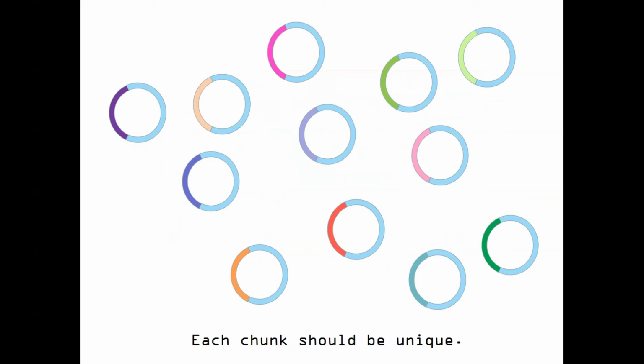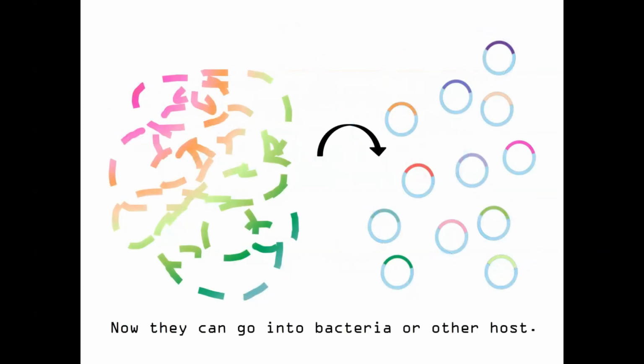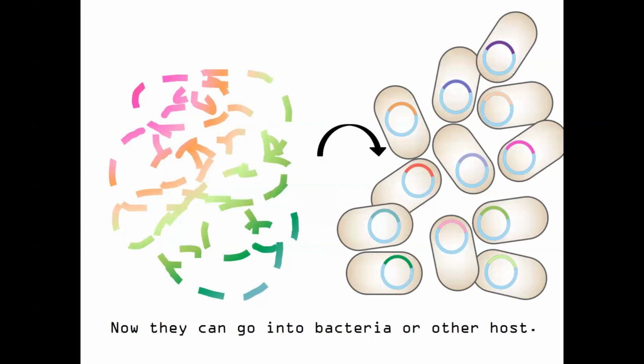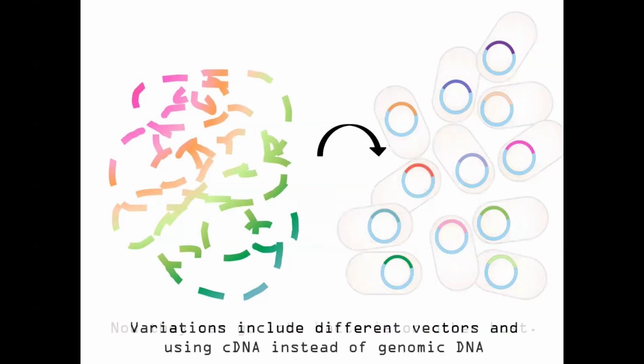A general way that we can use these is to take these plasmids, these vectors, and put them into bacteria. This doesn't always have to be bacteria, but this is a pretty good starting host. We can put them in a bacteria, and we'll be working with that a little bit later. We can also have variations on this theme that will include the type of vector that we're going to be using.